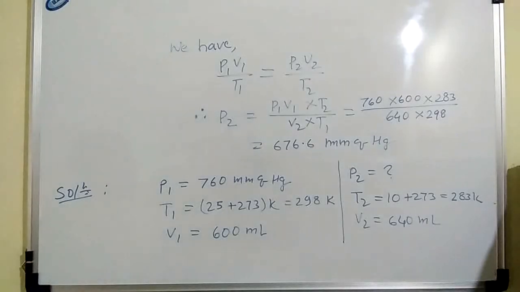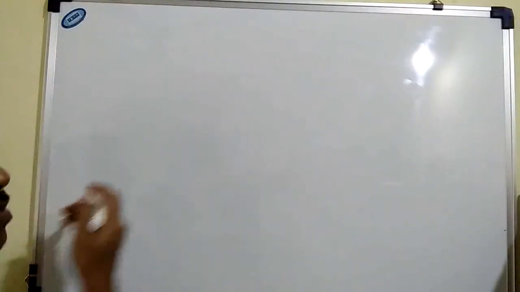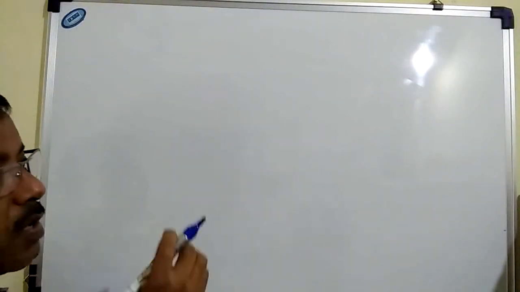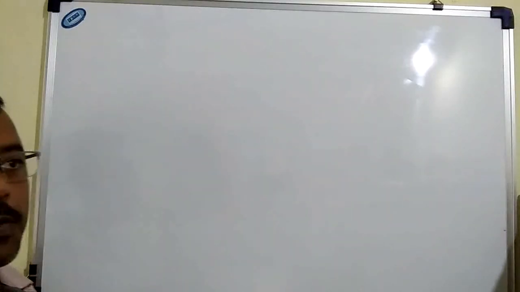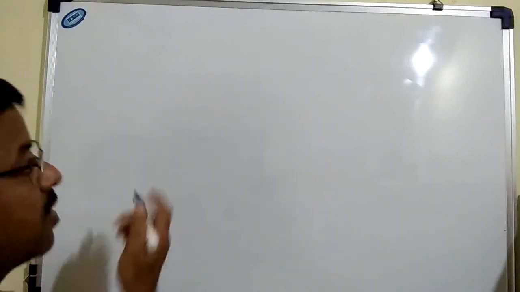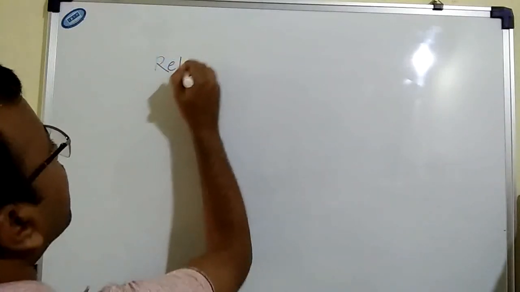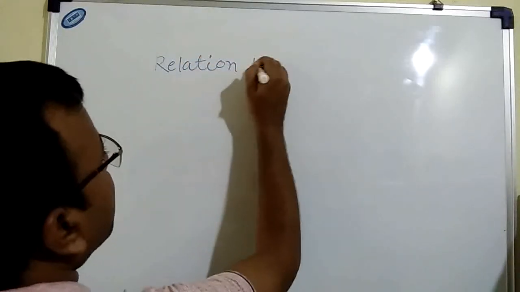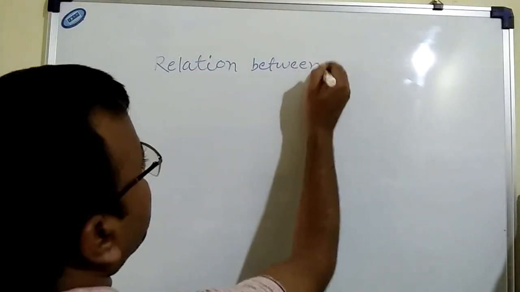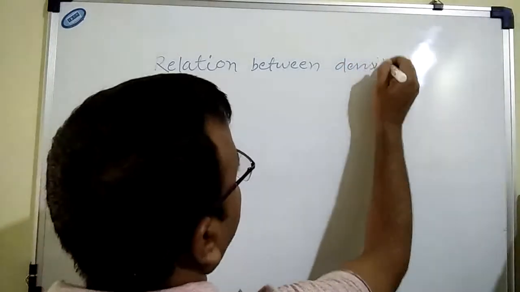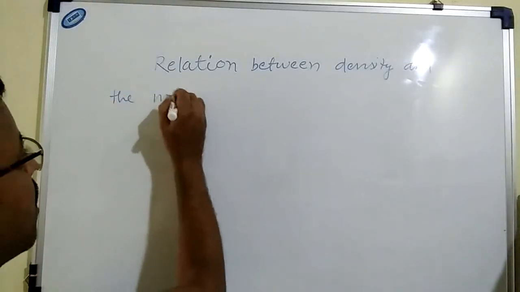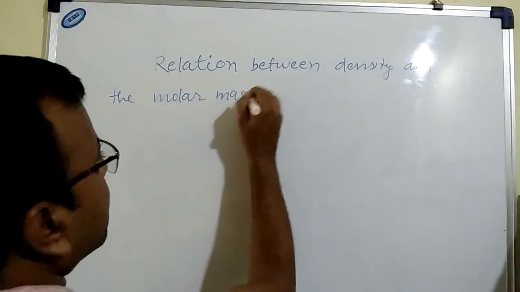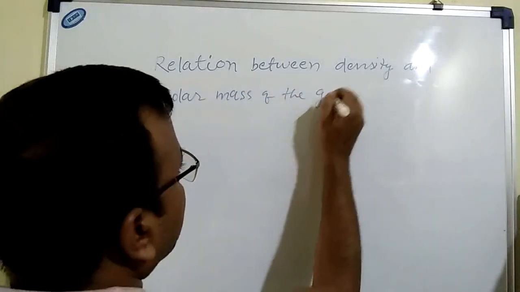So note it down. Now we will use the PV is equal to nRT formula to relate the density of the gas and the molar mass of the gas. So, the relation between density and the molar mass of the gas.